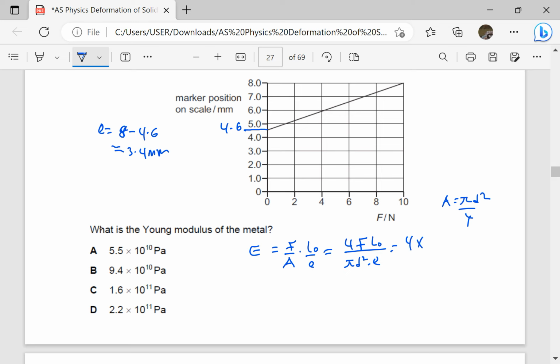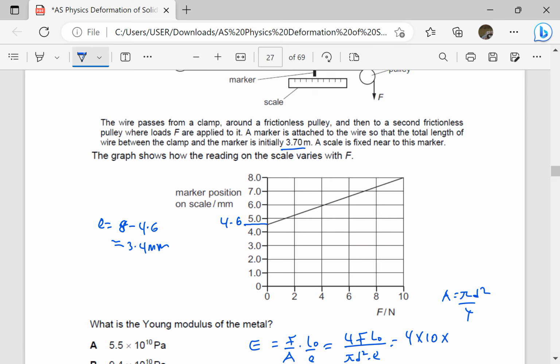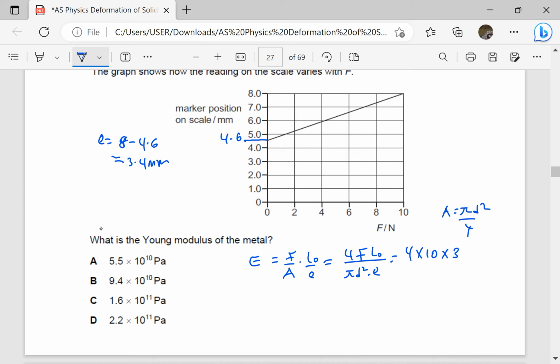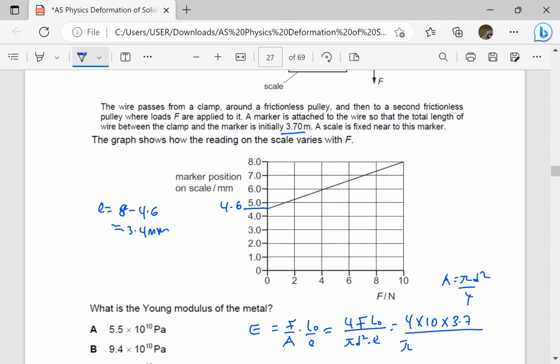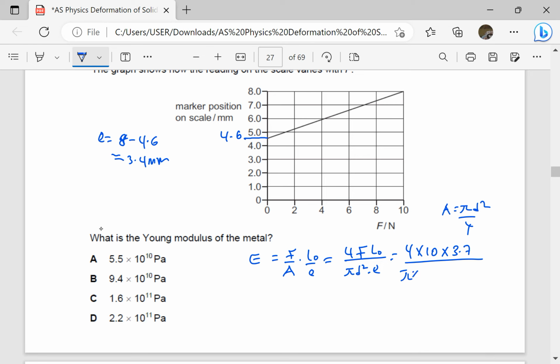That will be 4 times F. F is going to be 10 times original length, which I think they gave us as 3.7, divided by pi. Diameter was given as 0.25, so we shall say times 0.25 times 10 power negative 3 squared, then times the extension that we have found as 3.4 times 10 power negative 3.